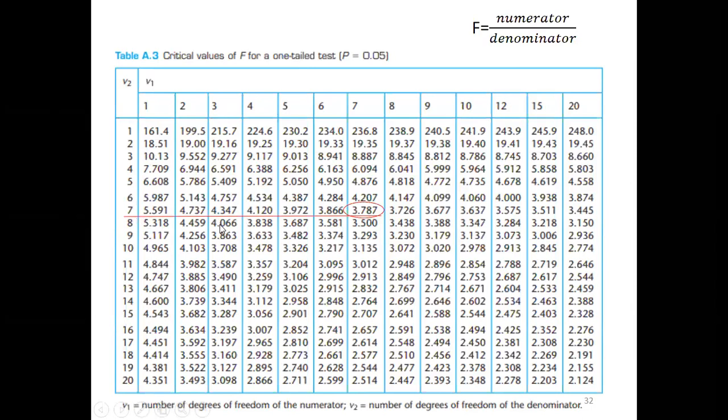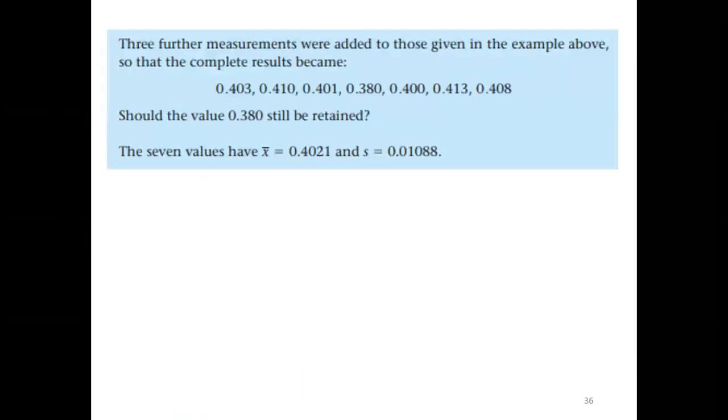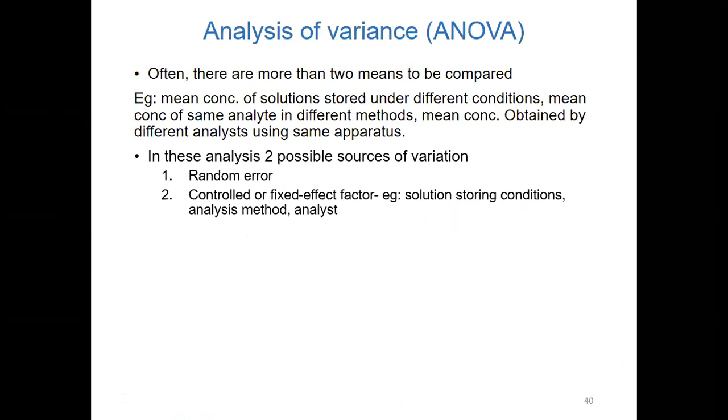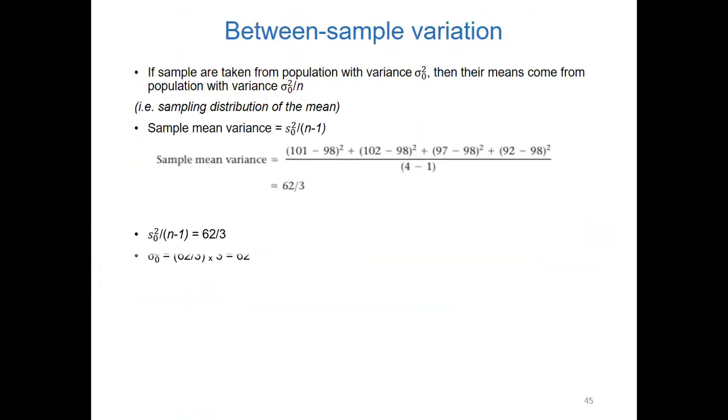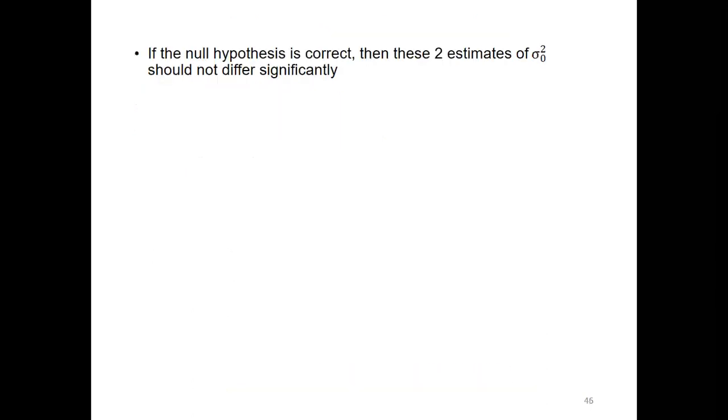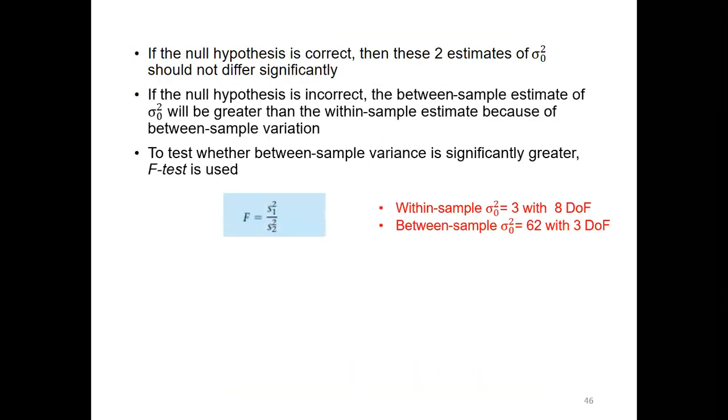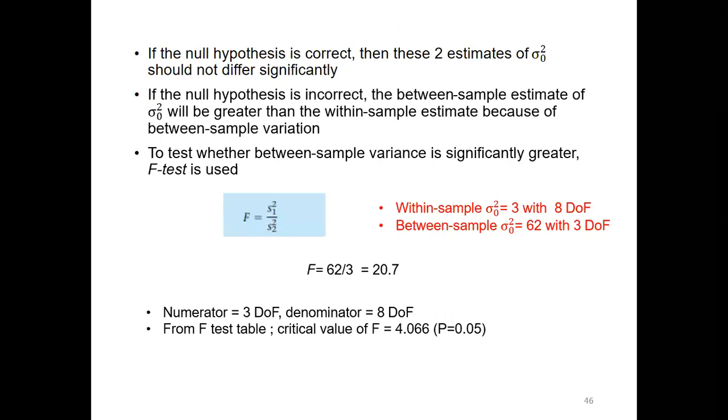So we should get this number, right? 4.662. From the F-test table, the critical value is 4.066.